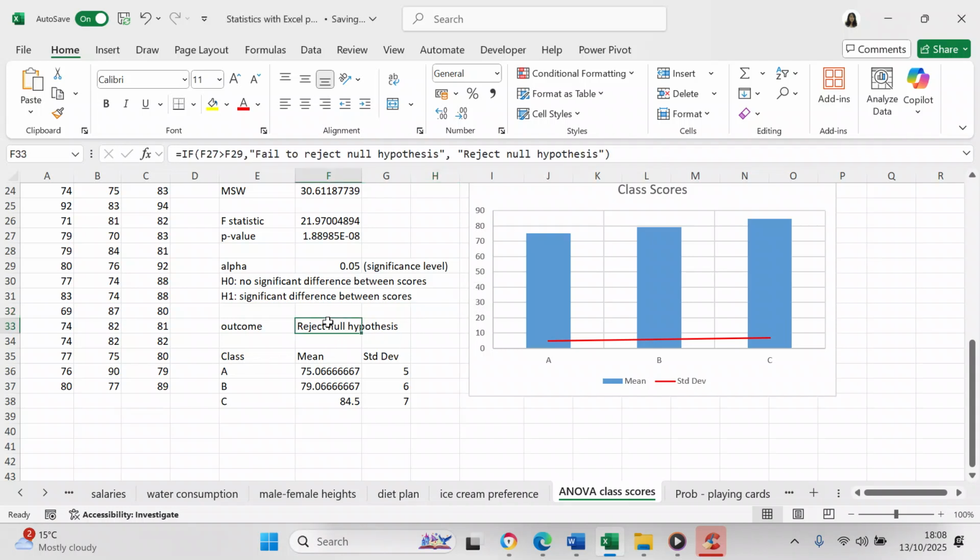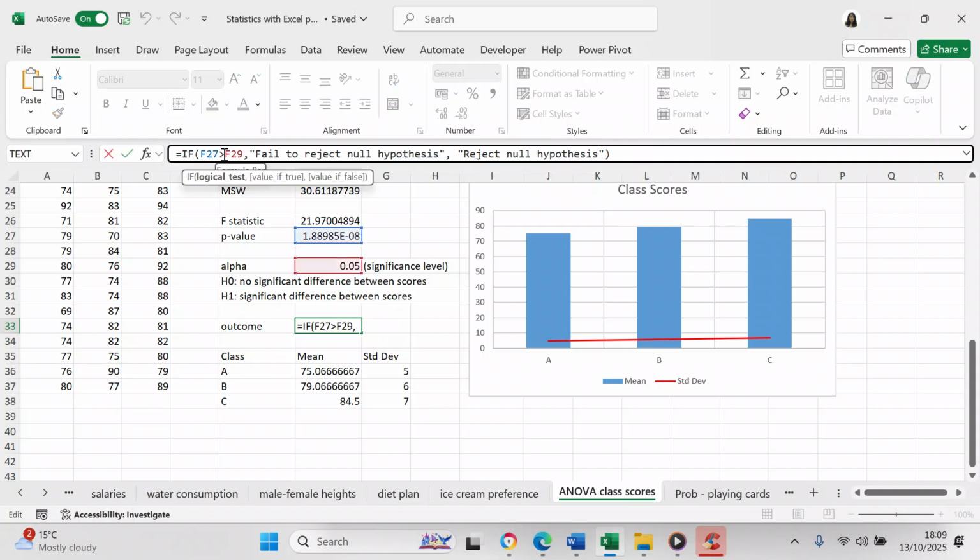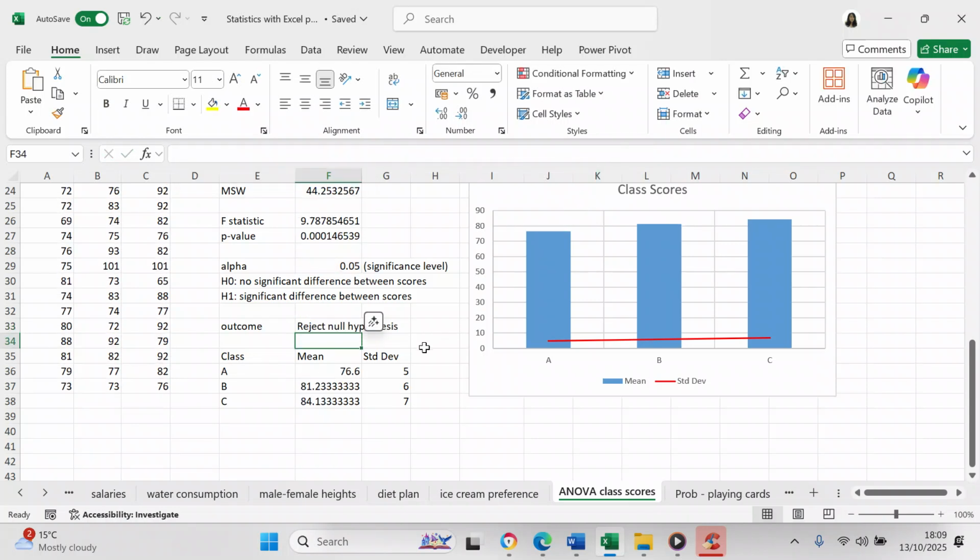So the outcome is, if F27, that's your p-value, is greater than F29, that's the alpha value, then you're going to fail to reject the null hypothesis. Otherwise, you're going to reject the null hypothesis. But I'm just going to say greater than or equal to. So we're going to reject the null hypothesis. That's telling you that there is a significant difference between the scores.